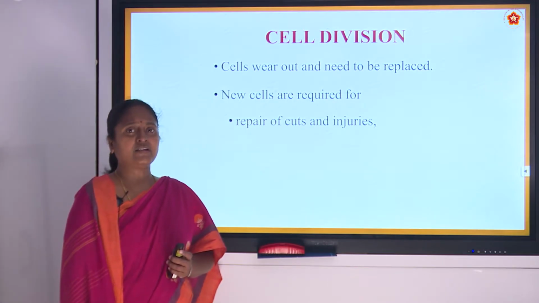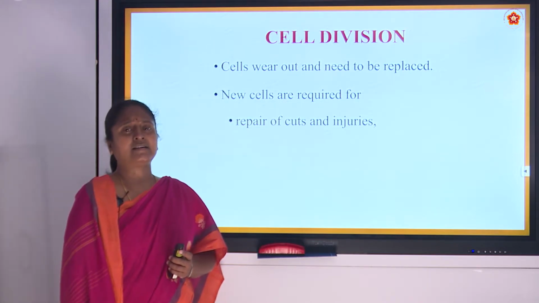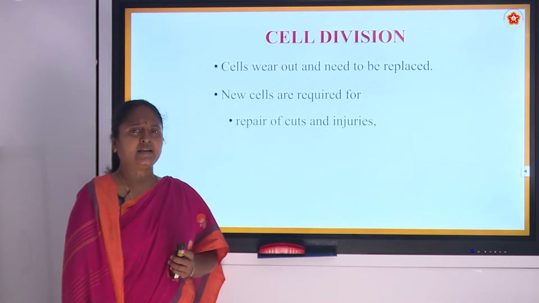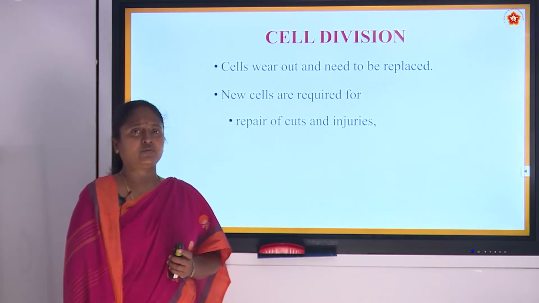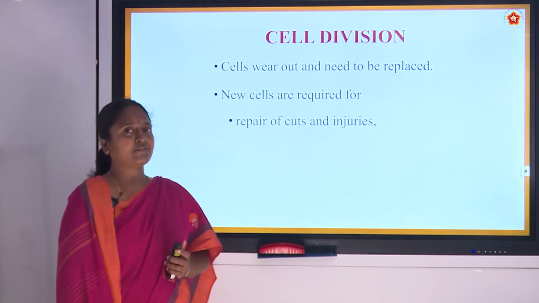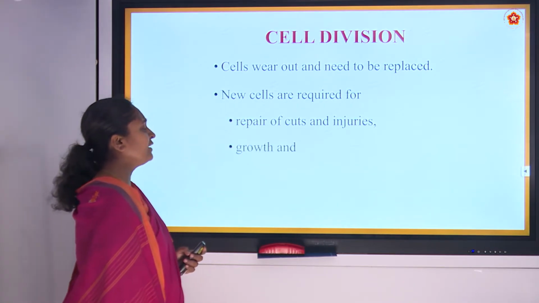We fall and get a cut, an injury, and our cells start dividing and replacing the damaged tissue with scar tissue. So we can see the cell division which happens in any organism when necessary.